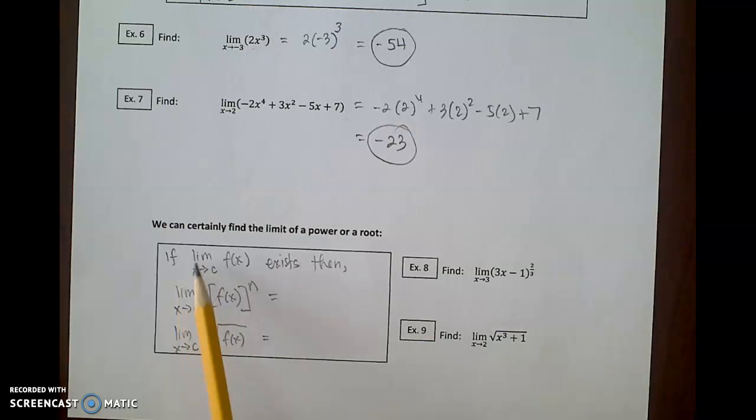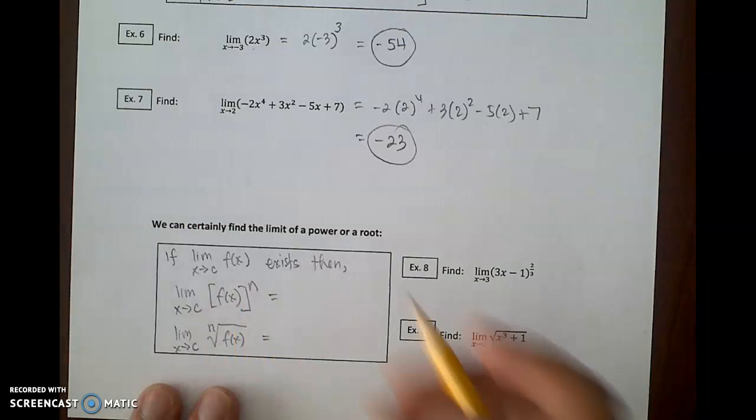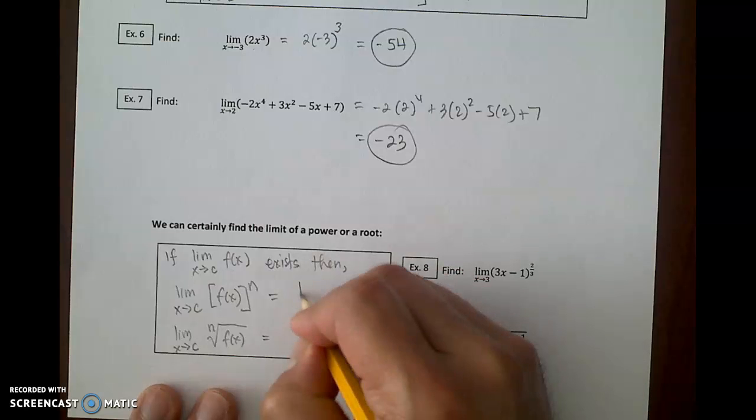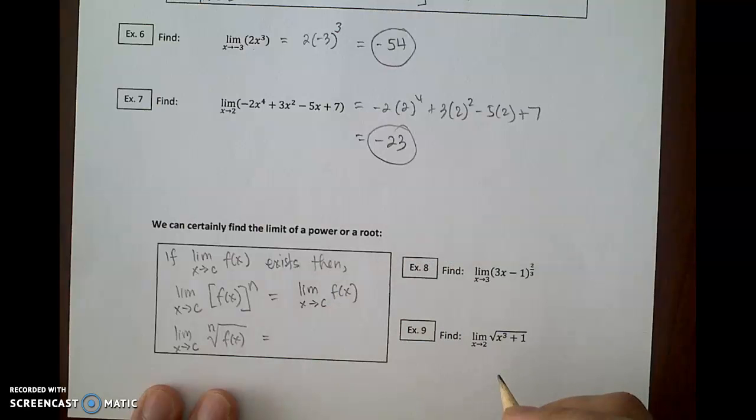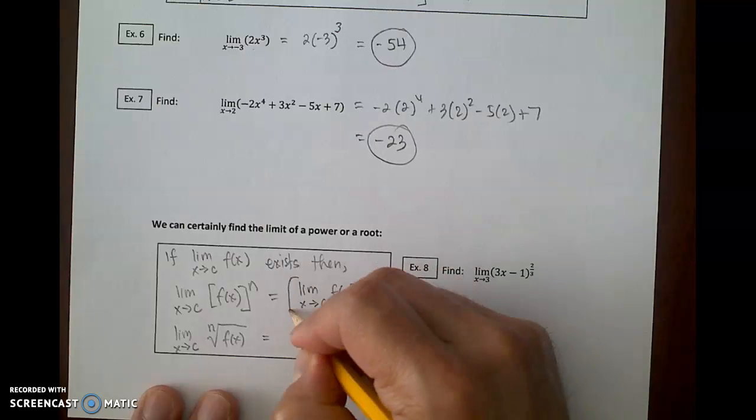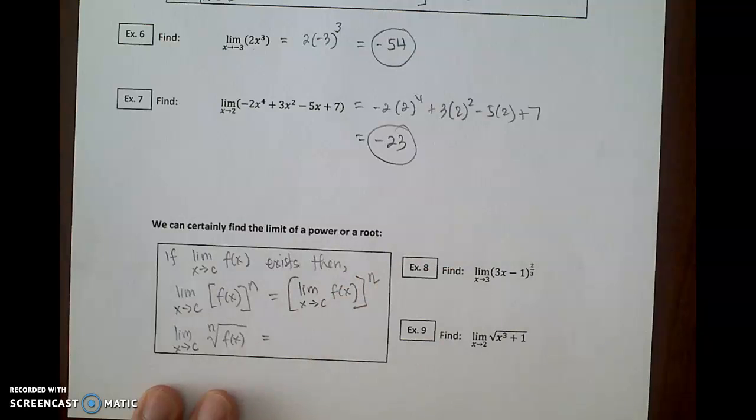So if the limit of our function as x approaches c exists, then the limit of this function as x approaches c, where the function is put to some power n, you can find by simply taking the limit of this function as x approaches c, finding that limit, and then putting that value to the n exponent.